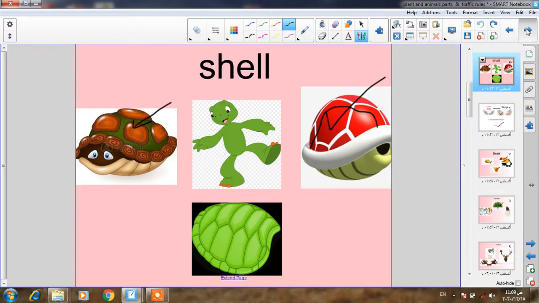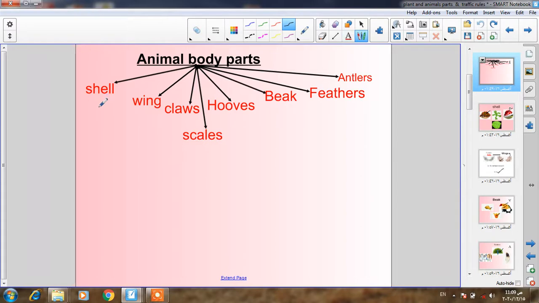So the animal body parts consist of shell, wings, claws, scales, hooves, beak, feathers, antlers.